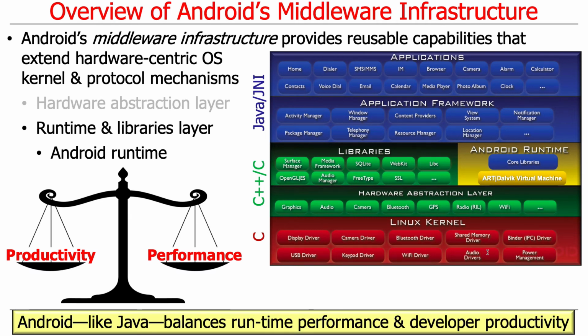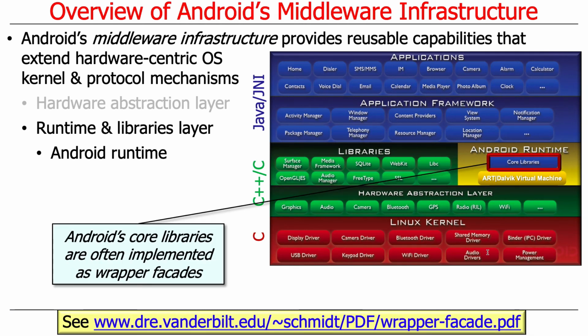Android, just like Java, tries to provide this balance between runtime performance and developer productivity. So in particular, one of the things to be aware of is that many of the core libraries in Android are actually implemented in C or C++, and then they have these Java wrapper facades that give you an object-oriented Java interface to capabilities written in C and C++.